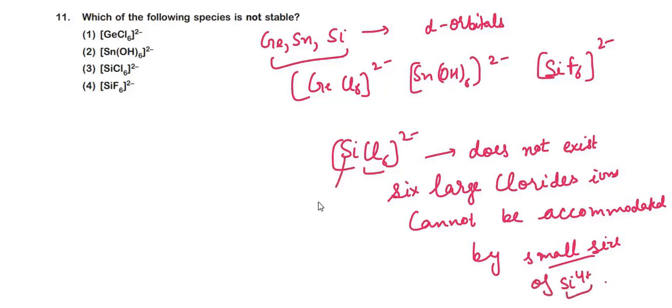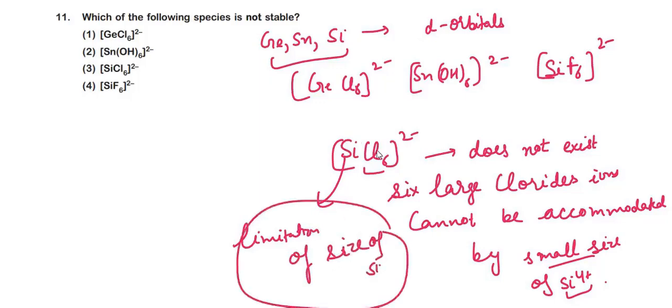So due to the limitation of size of silicon, these 6 larger chloride ions will not accommodate around silicon 4 positive. That is why this complex will not exist.